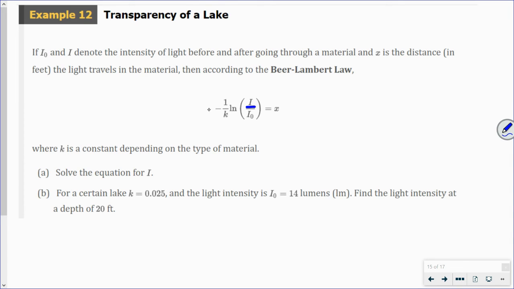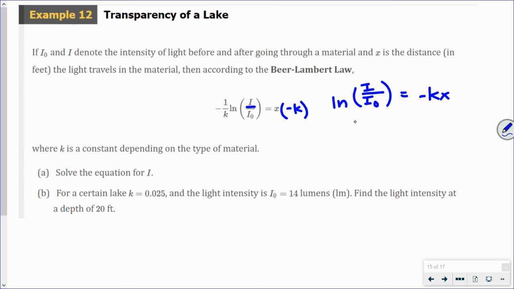I'm going to get rid of this term, and in order to do that, I either divide by negative 1 over k, or that's the same as multiplying by negative k. Okay, so you have ln of I over I naught equals negative kx. Now, to get rid of ln, we're going to rewrite this as exponential.